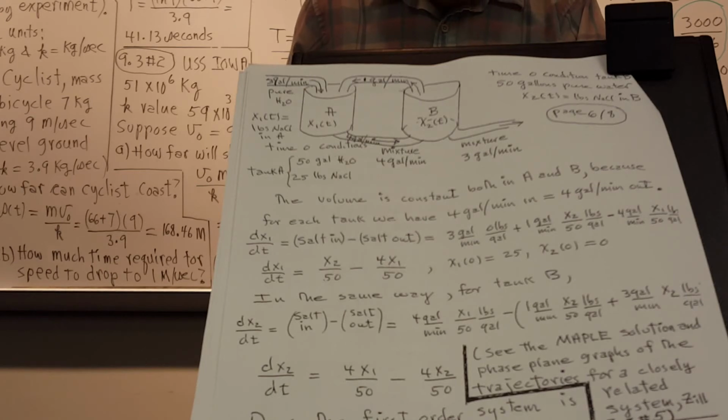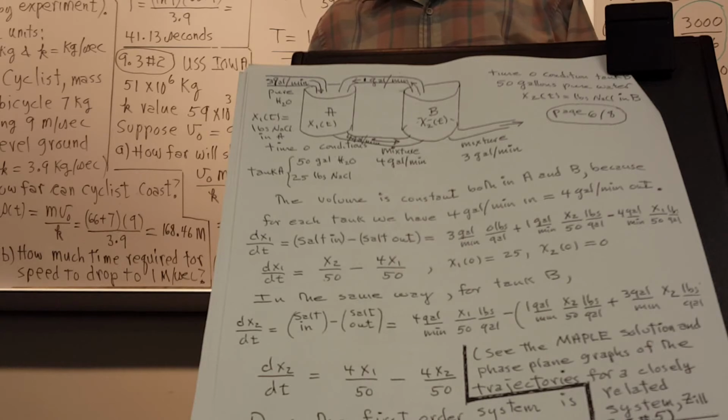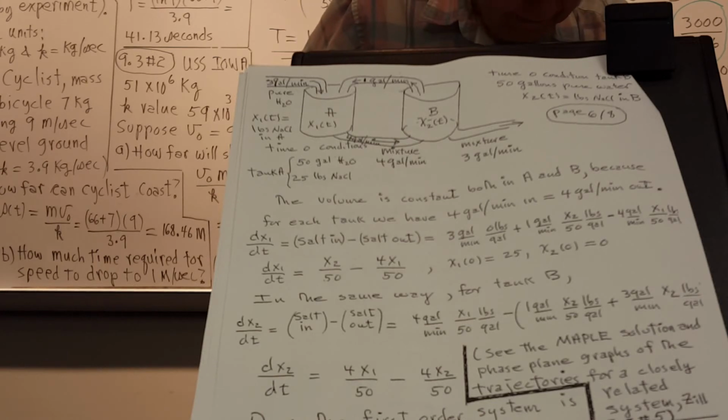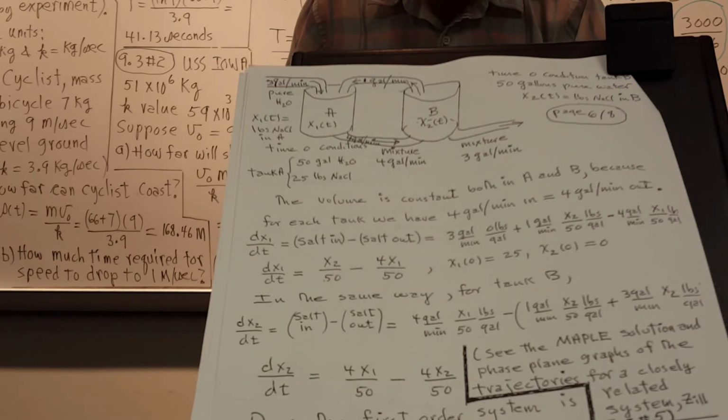You assume this has some kind of machine in there that's stirring the water up so it's well mixed. And you have brine coming out, say, the bottom and on to tank B at 4 gallons a minute. And you also have a return flow from tank B, you see up at the top, 1 gallon a minute.